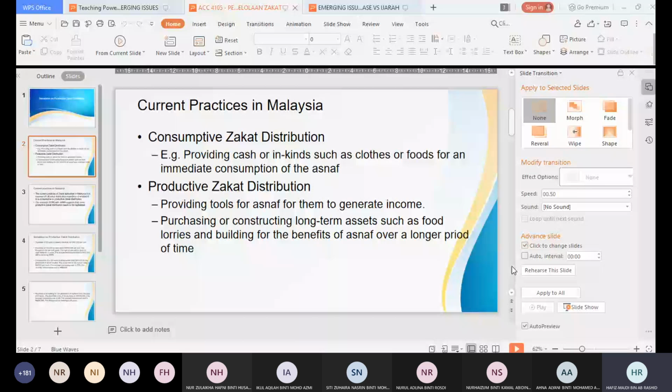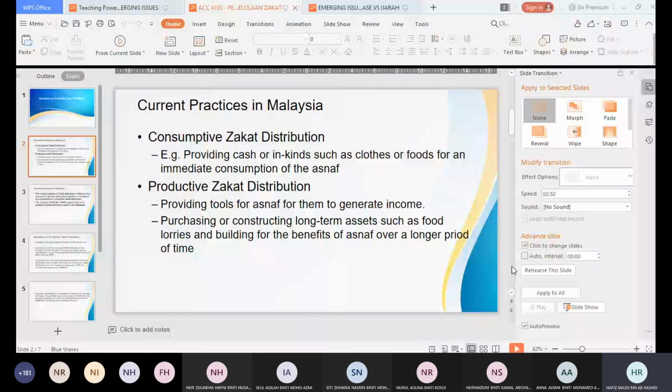For example, I think MAIWP, if you go along the road near Taman Koperasi Polis, if I'm not mistaken, or near the area of Batu, you will find a building called Darul Hidayah. This is owned by MAIWP, or Majlis Agama Islam Wilayah Persekutuan, and they constructed this for the benefit of muallaf.